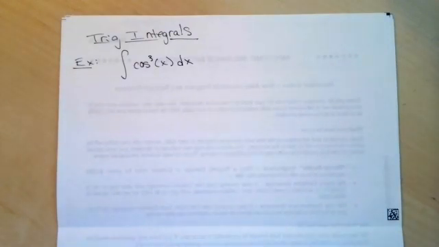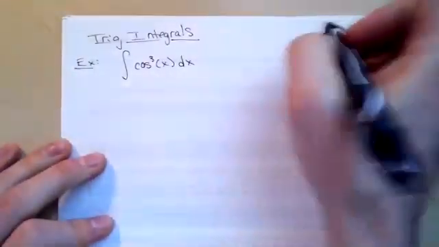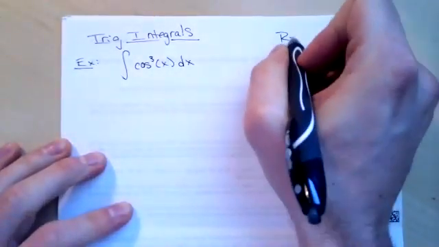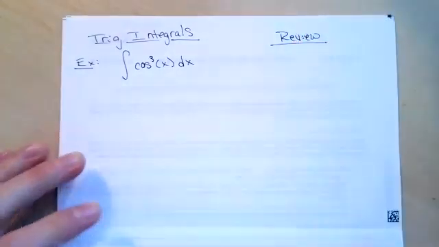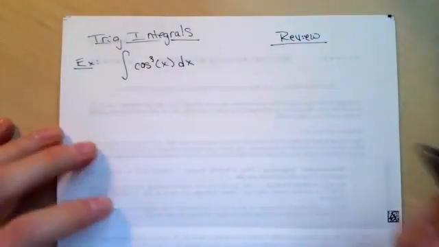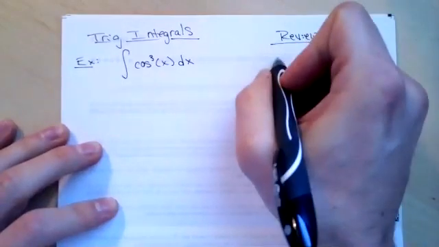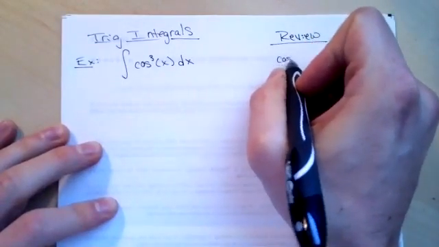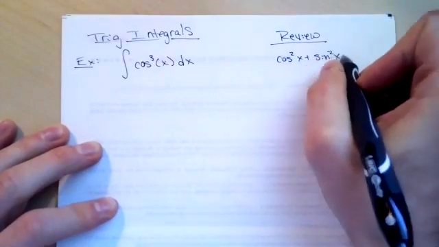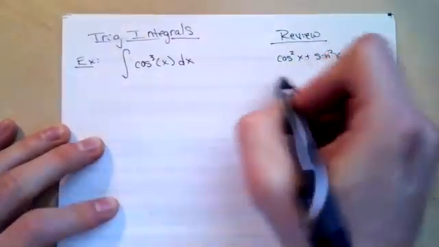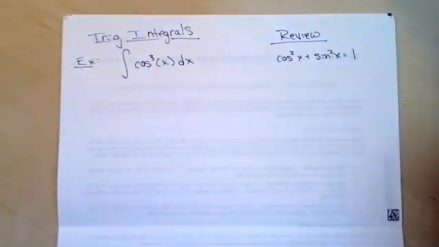So how do we do that? Just as a quick review, hopefully this is all ingrained by now, we have our Pythagorean identities. And then we can derive any of the other ones that we need to.